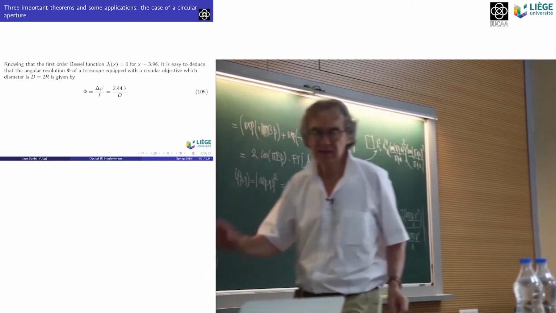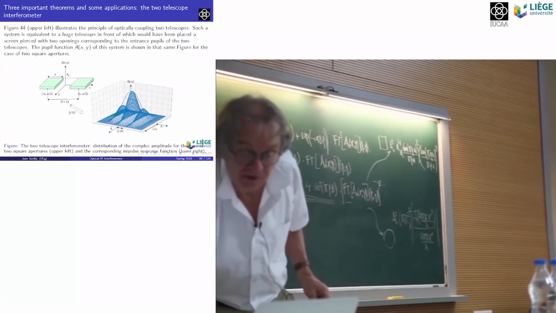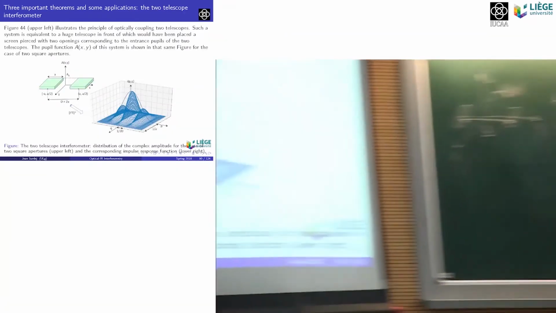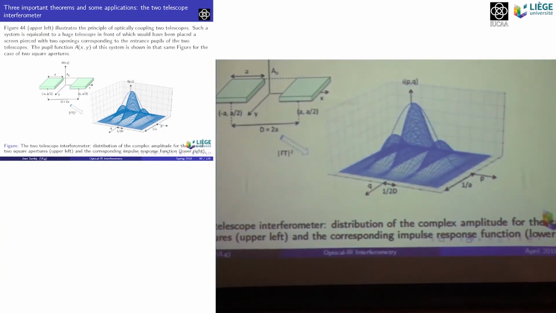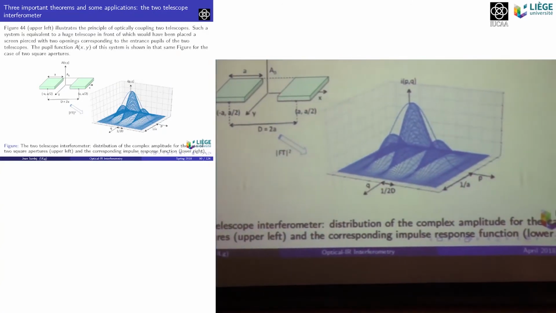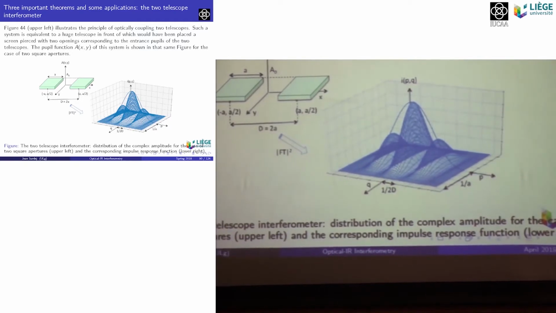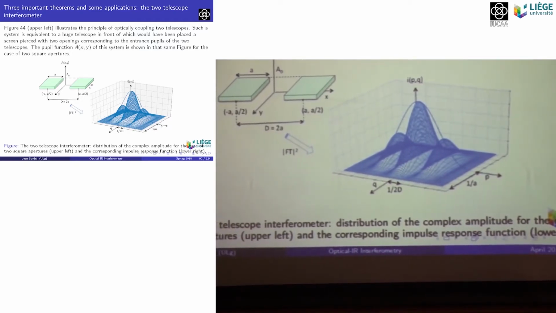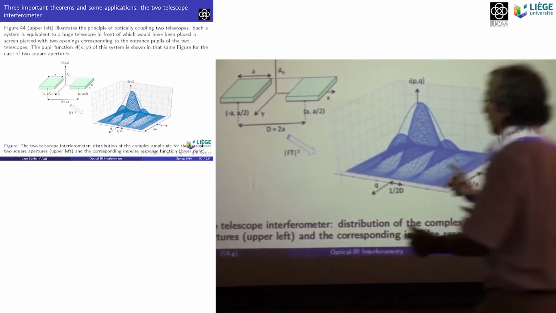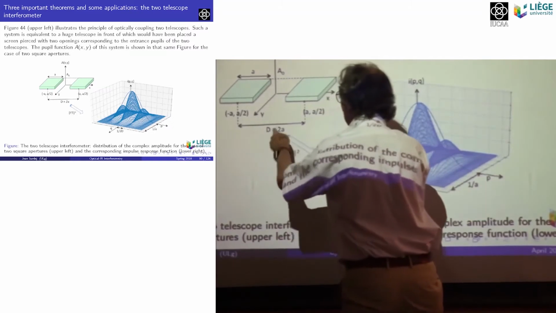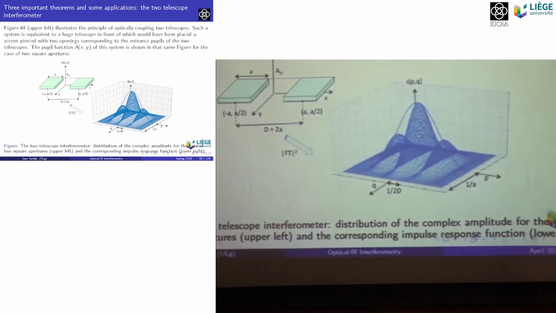And well, the next picture illustrates exactly what you would obtain if the 2 square apertures, which both have the size of A, are separated by a baseline D, which is equal to twice the value of their side.